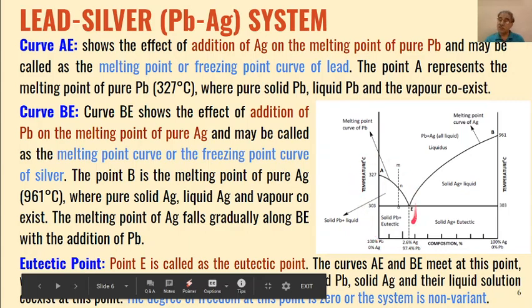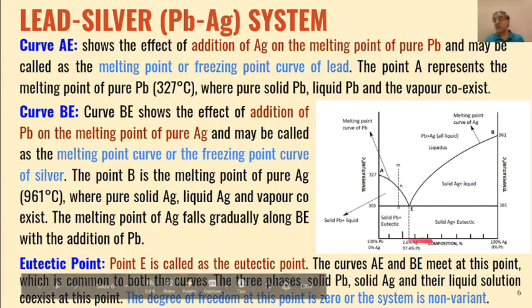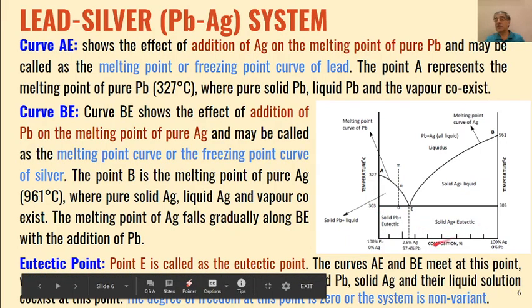So by changing the conditions, either towards right or towards left, we can change the concentration of the eutectic mixture. Either we can have 100% pure silver or 100% pure lead at these points.